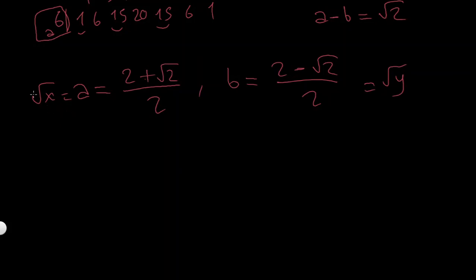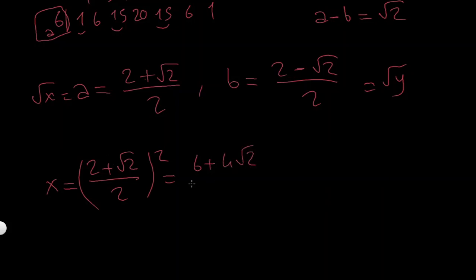So I want to solve it for x, so let's square both sides. I have x is equal to ((2 plus square root of 2) over 2) squared. So if I just do this, I will have 4 plus 2, which is 6, plus 4 square root of 2, divided by 4.